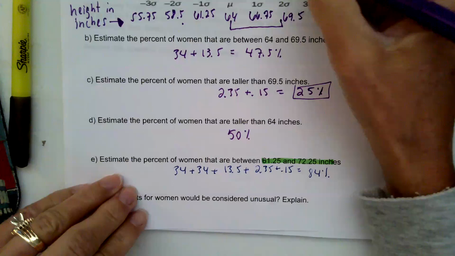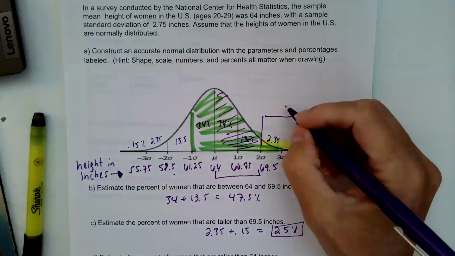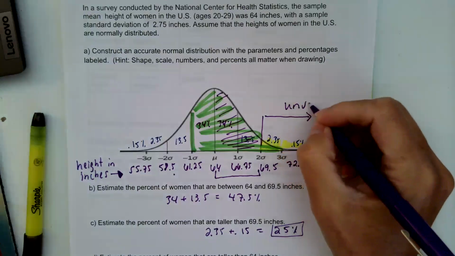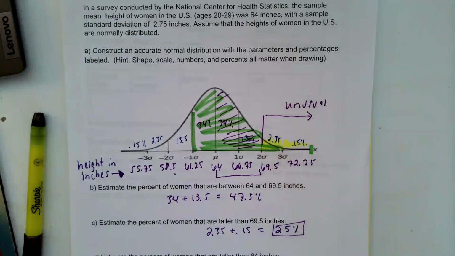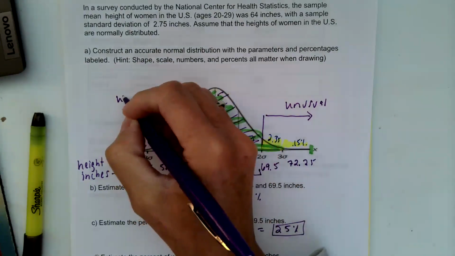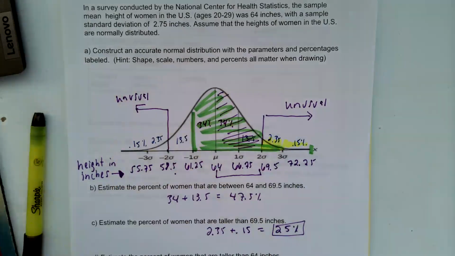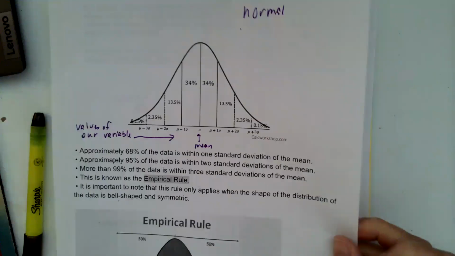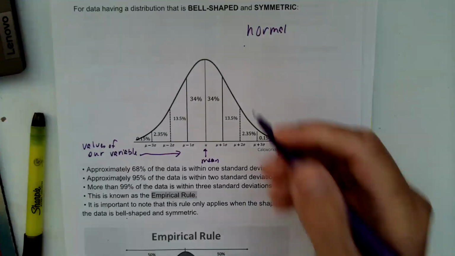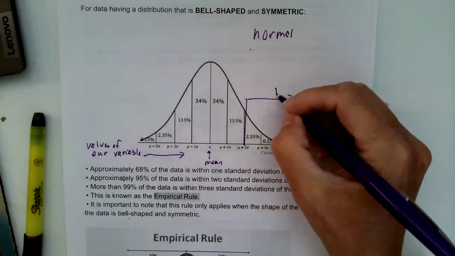So anything that's considered unusual here is outside of 2 standard deviations above or below, and anything this way would be considered unusual as well. So if we mark this on here, anything outside of 2 standard deviations is unusual.